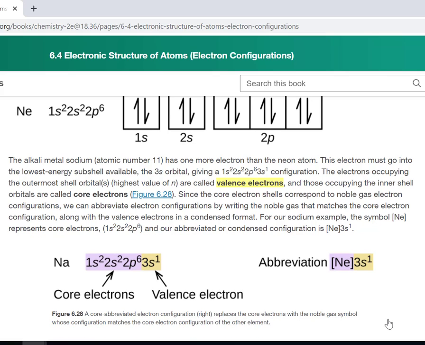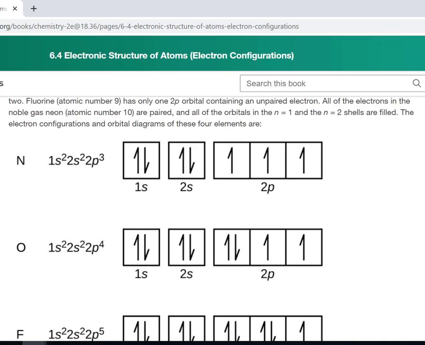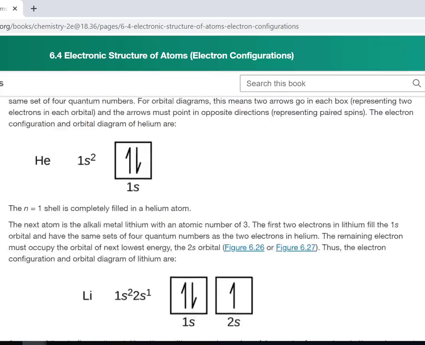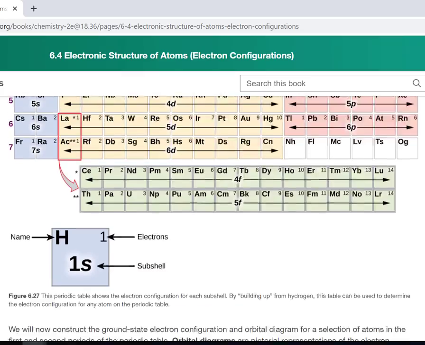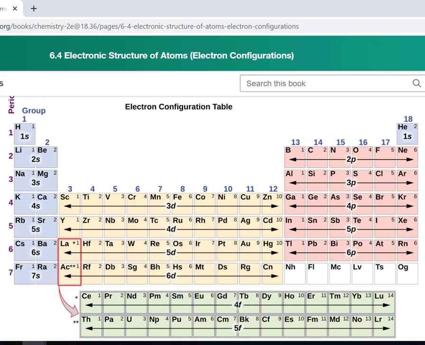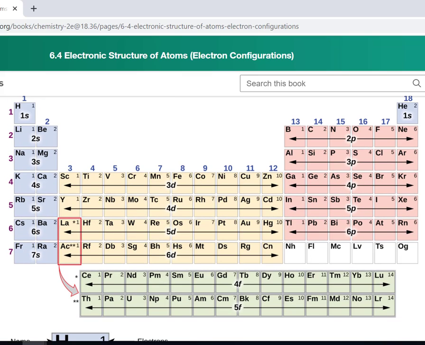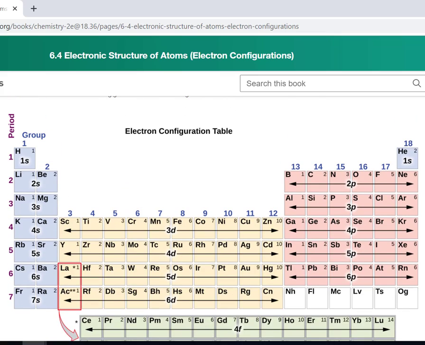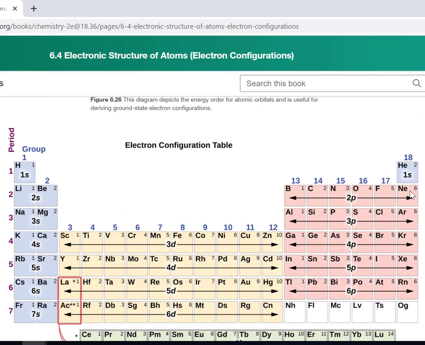So the question we might have is, how do we know which noble gas to use for the abbreviation? To answer that question, I'm going to go back up to this periodic table we looked at earlier. On this table, what you'll notice is that the noble gases are all over here.